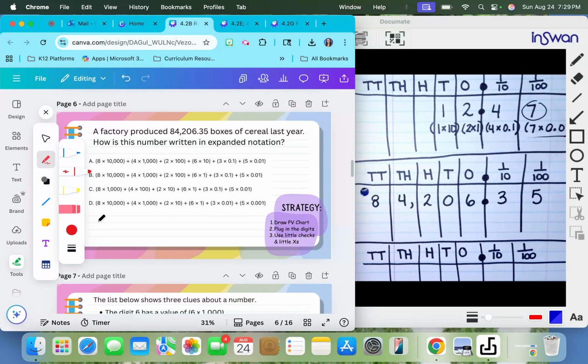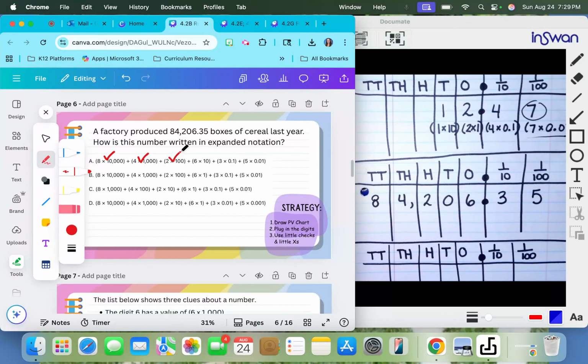All right. So taking a look at A, it starts with 8 in the 10,000s place. Do we have a match? We do, 8 in the 10,000s place, so it gets a little check. What about 4 in the thousands place? 4 in the thousands, check. 2 in the hundreds?